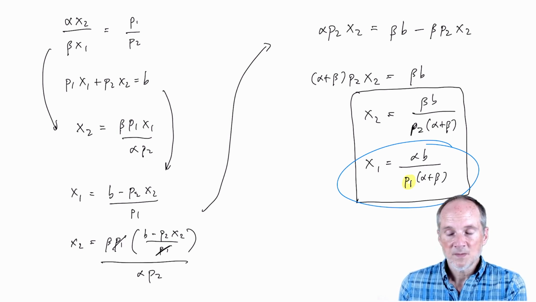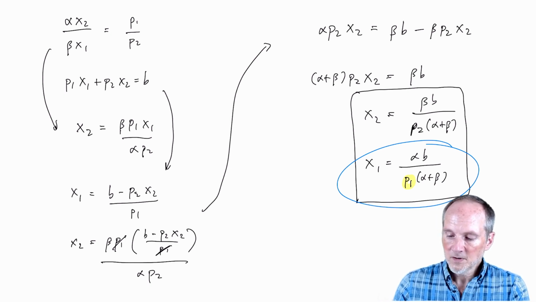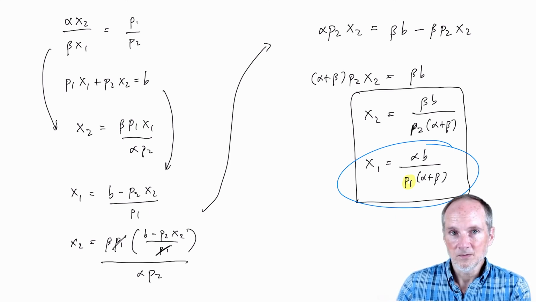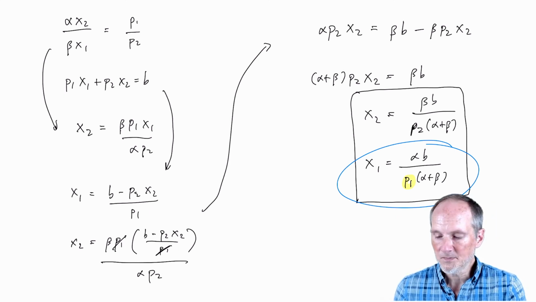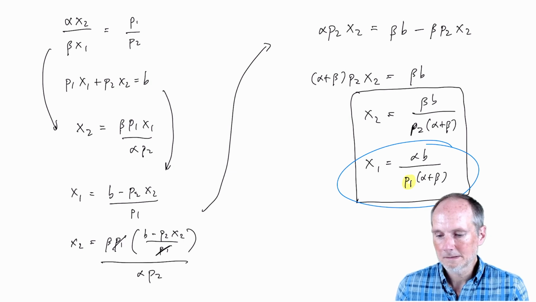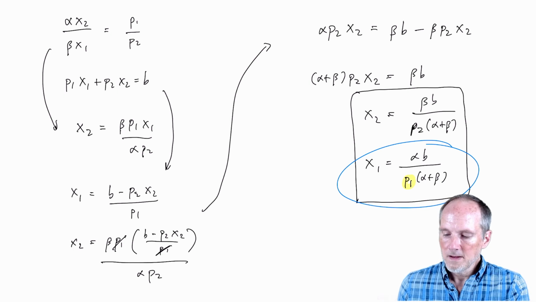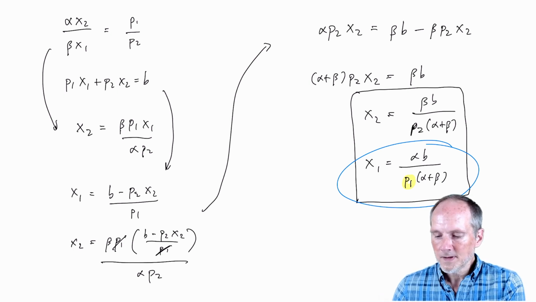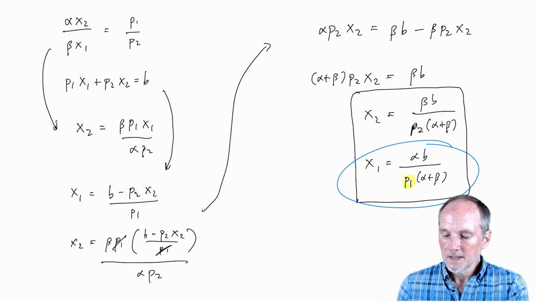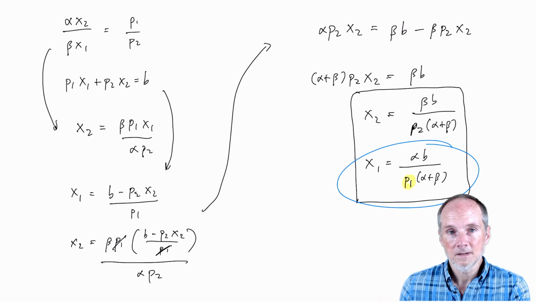Some very special things about Cobb-Douglas utility are that the demand for good 1 only depends on the price for good 1, not on the price for good 2. That's something that, for most utilities, you wouldn't have. The other thing I wanted to point out, which is related, is that the amount spent on good 1 is constant in price.